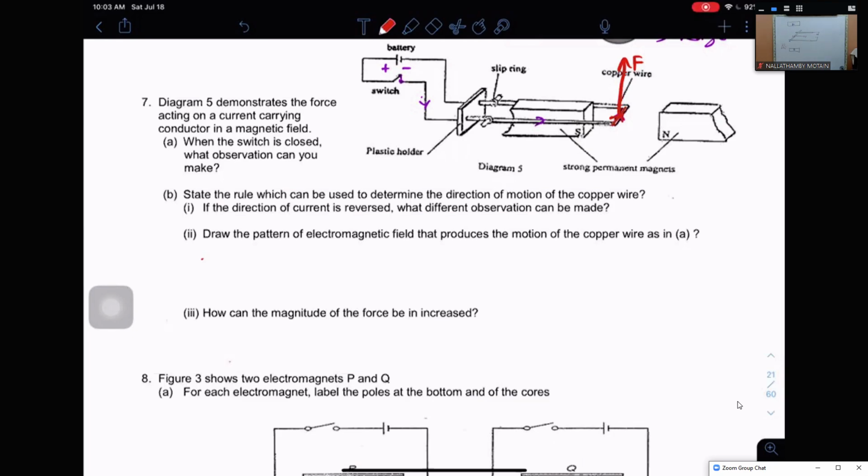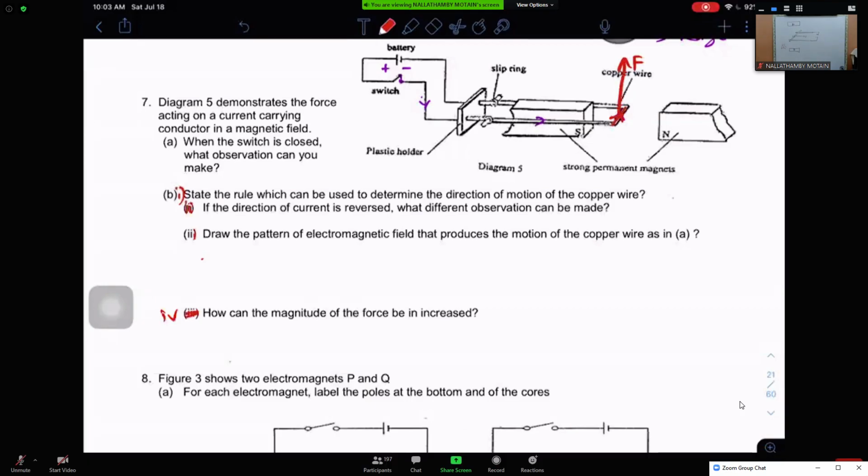Then state the rule which can be used. Just now your friend already answered. This one make it number 1, this one number 2, number 3, this one number 4. State the rule: Fleming's left-hand rule, or you can write right-hand slap rule. Only for Fleming's left-hand rule, we can replace it with the right-hand slap rule. Some school teachers don't want to give marks.